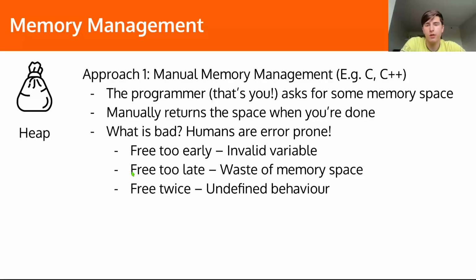If you never free it, or free it long after you needed it, you're wasting memory, and this is called a memory leak. A double free is even worse behavior, since you can't really tell what's going to happen, since you're trying to free memory that's already freed.